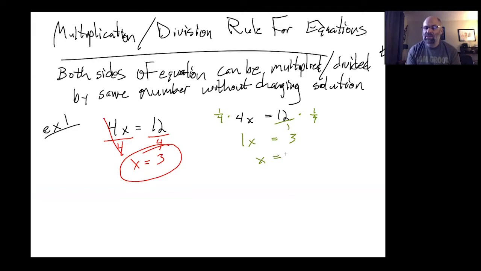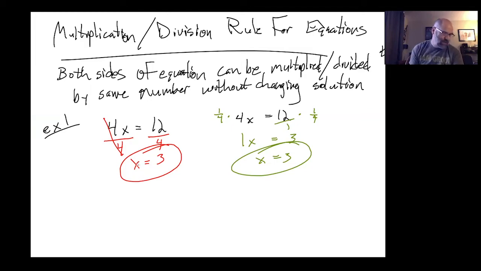So x equals 3. Now, this seemed a little bit weird. I'd rather do it this red way than this green way. But this is an option. If you have a fraction here then it might be easier just to multiply by the reciprocal. That's another way to cancel that number that's multiplying by the x.